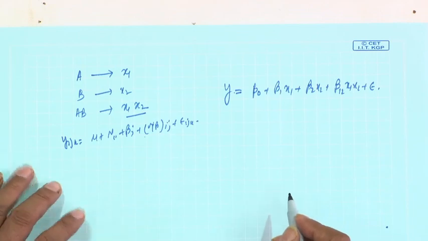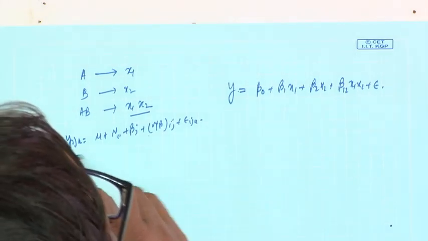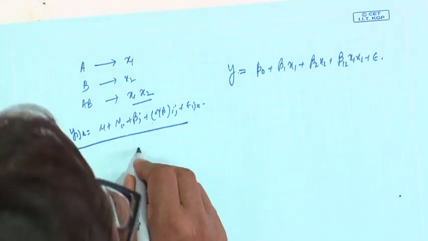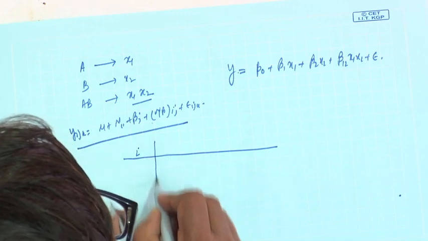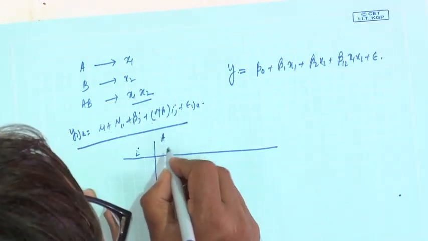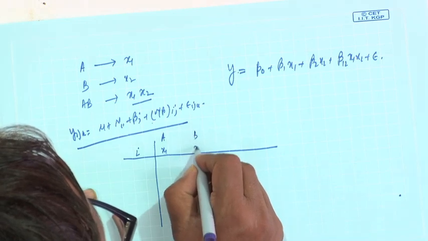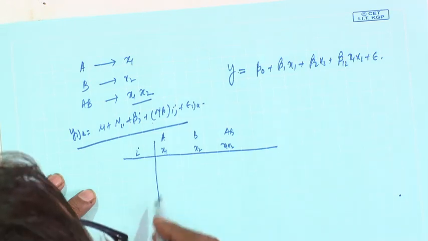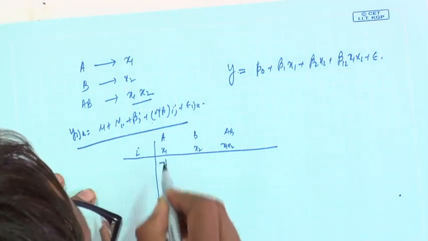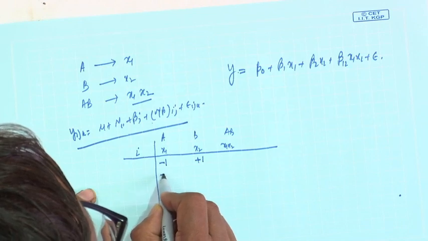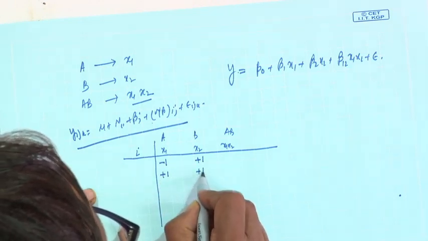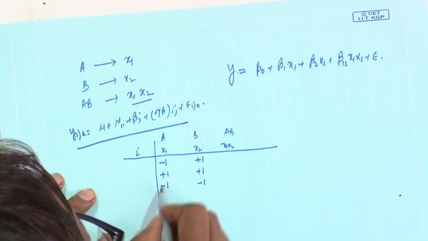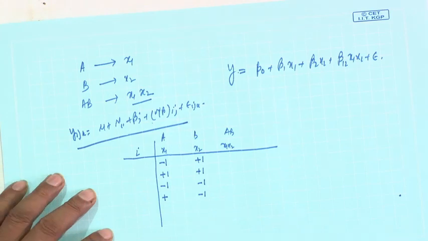Okay. So, now we know the different settings, and we denote those settings by observations. The settings are with reference to A meaning x1, B meaning x2 and AB meaning x1 x2. The first setting is A minus 1, this is plus 1, this one is plus 1, this one is plus 1, this is again minus 1, this is minus 1, then this is plus 1, this is minus 1.